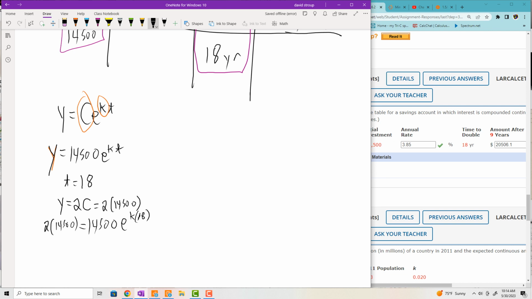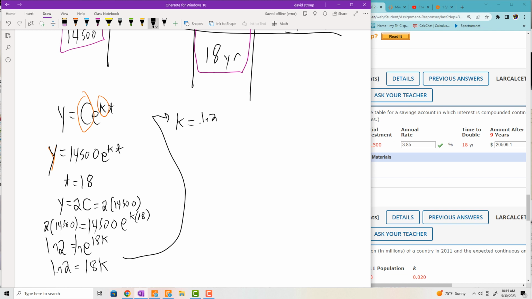Divide both sides by 14,500. Natural log it. Solve for k. So your equation for this investment is 14,500 e to the t ln 2 all over 18.